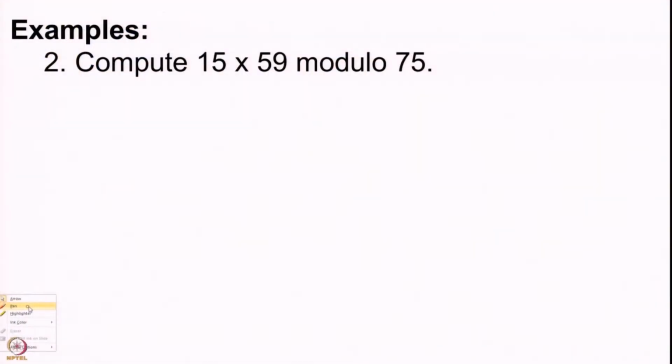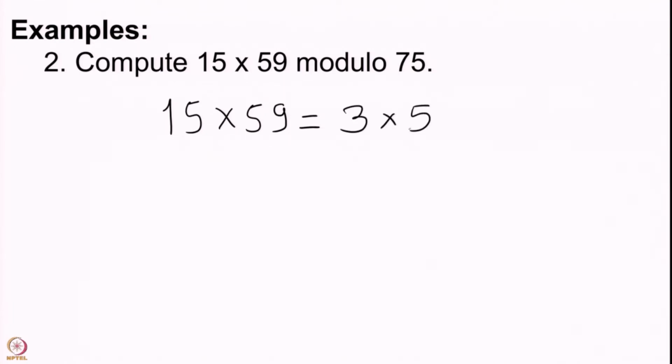Okay. So, let us do this problem together. There are two things that I would do to solve this problem. 15 into 59 is actually 3 into 5 into 59, because 15 is nothing but 3 into 5.